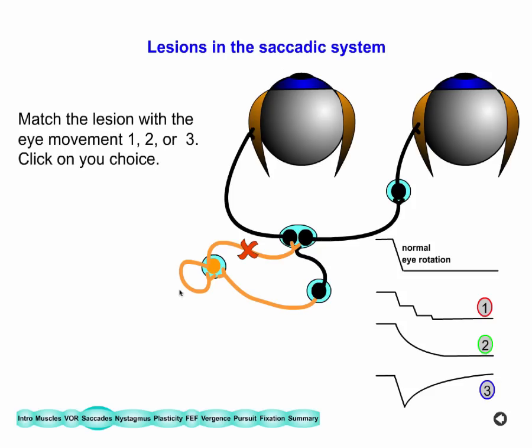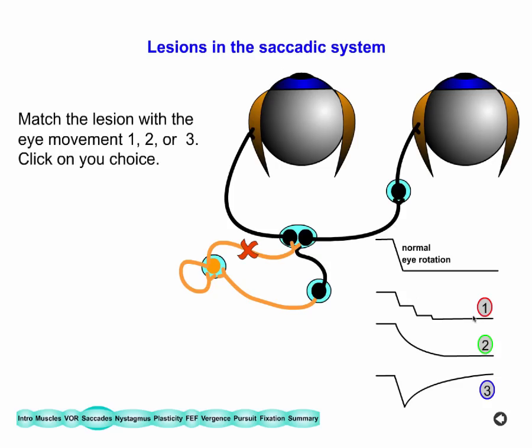They also send a signal to the tonic neurons, but that signal can't get to the motor neurons. Now this is a normal eye rotation, a saccade, and this is one of the traces this lesion could be producing. So this is normal, and these are the possible abnormal ones.